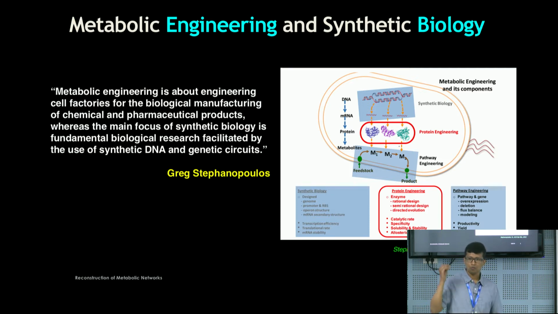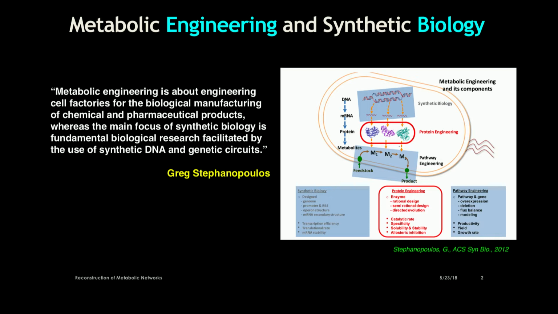We are interested in building a platform so that we can produce a certain product. For that, you might have to design a pathway, or you might have to design a gene so that the pathway is complete.